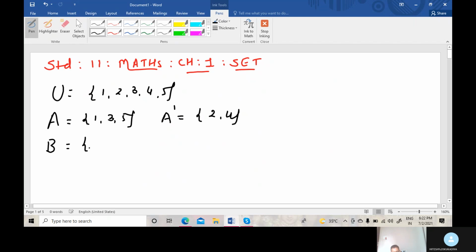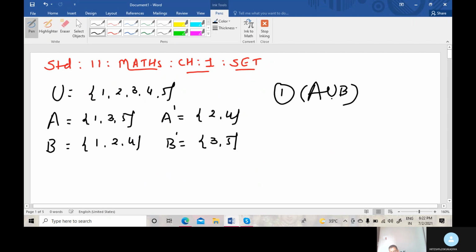And set B equals {1, 2, 4}. Complement of B: 1, 2, 4 cancel, so the answer is {3, 5}.